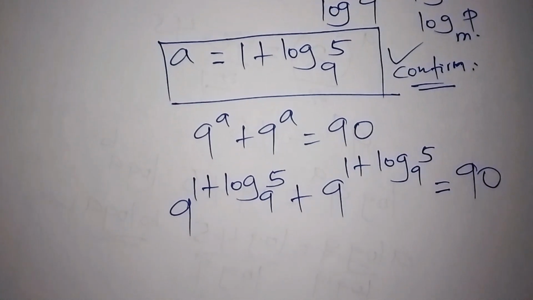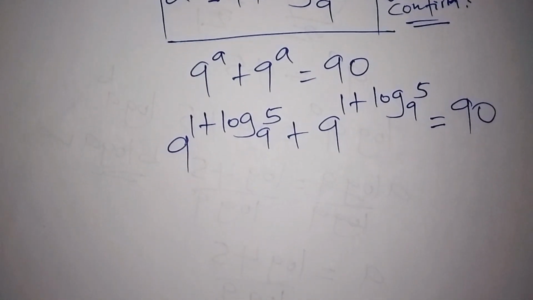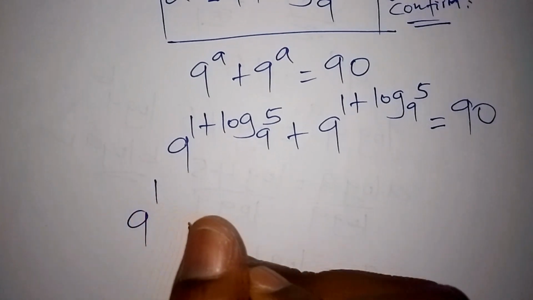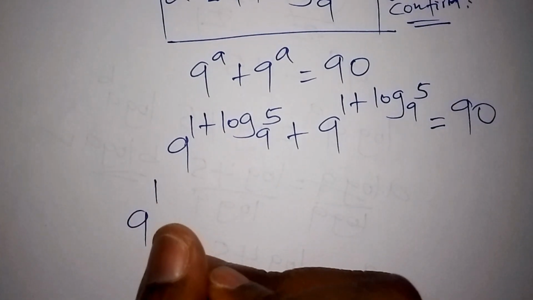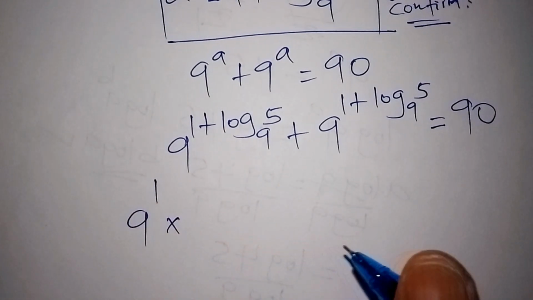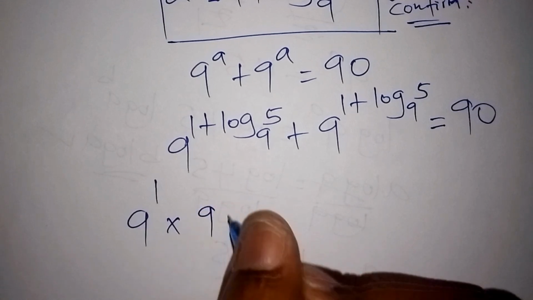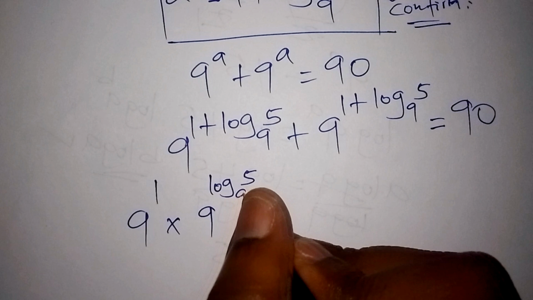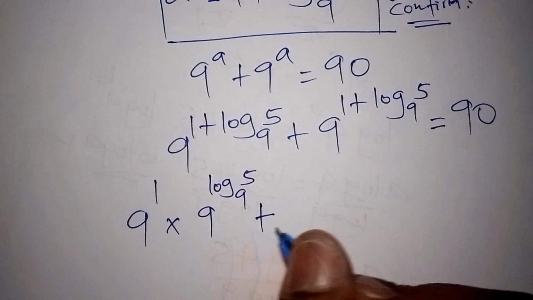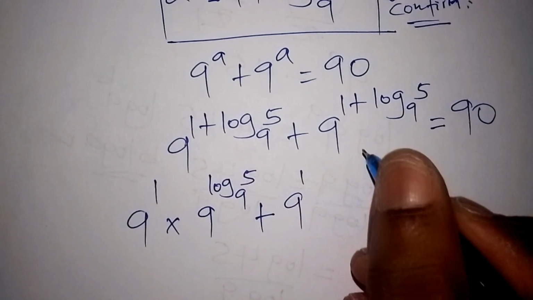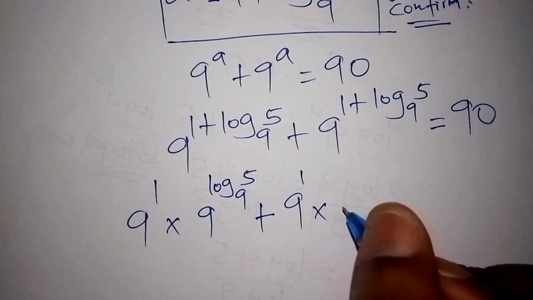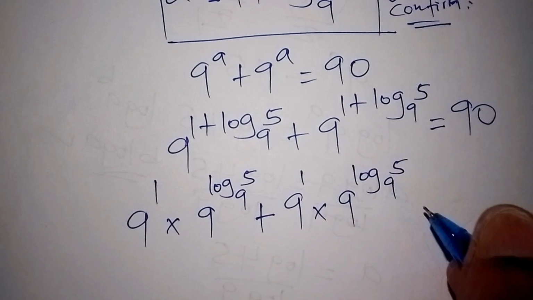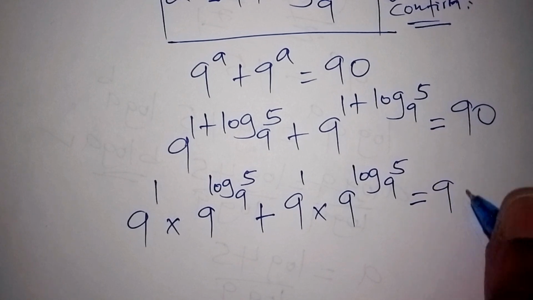The next step, we can write it as 9 to the power of 1, and the plus changes to multiplication, so we multiply by 9 to the log of 5 to the base of 9. Plus 9 to the power of 1, and again the plus changes to multiplication, 9 to the log of 5 to the base of 9, should give us 90.